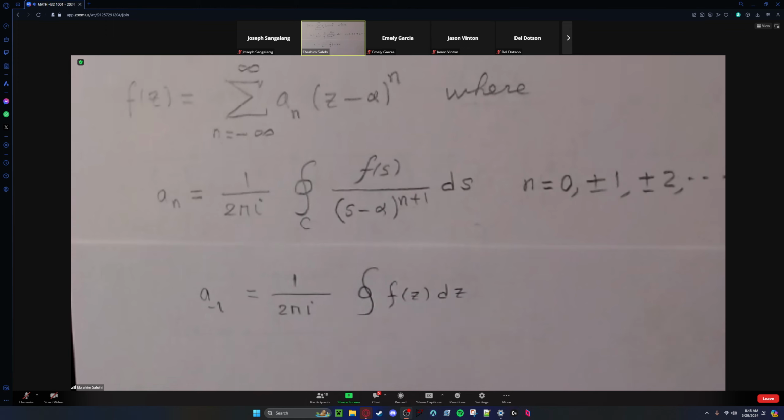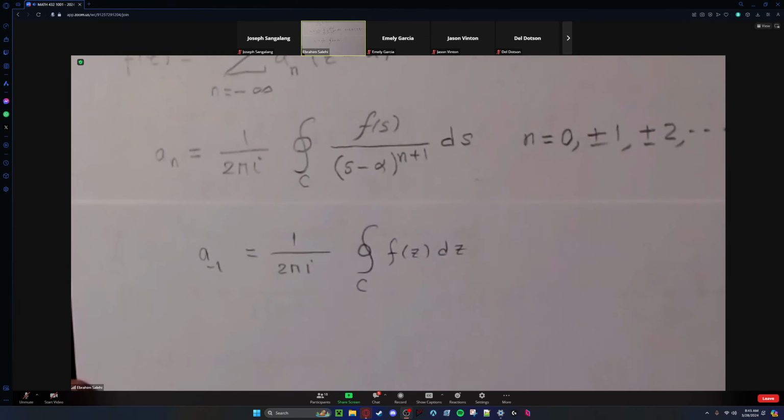Well, in integration theory, we always would like to find this integral of f of z dz. So the first advantage of writing the Laurent series is this one: the integral of f of z dz is 2 pi i times a_-1.